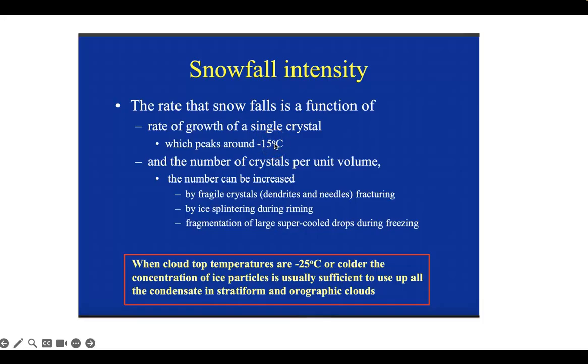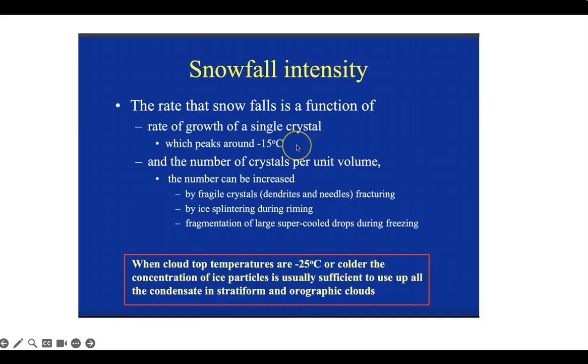dendrites grow. And what a dendrite is, there are different types of snowflakes, and the dendrite is one of them. The dendrites grow between negative 12 and negative 17 degrees. And when the dew point is matched up with the temperatures at that interval, then dendrites will grow.